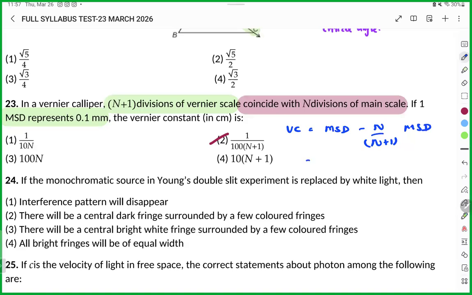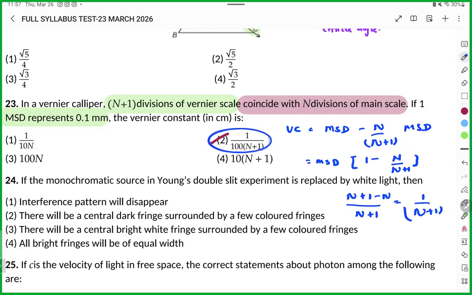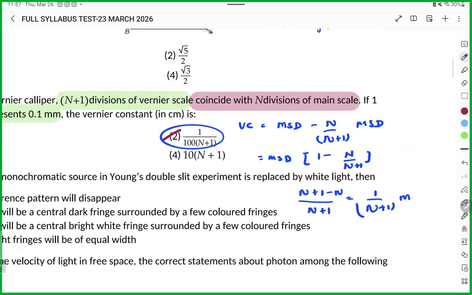So main scale division will be the common number। It is like 1 minus n by n plus 1। N plus 1 will be the common number। N plus 1 minus n, n cancel, 1 by n plus 1, correct? 1 by n plus 1, there is only one option। Second, why you wrote 1 by 100? Because 1 MSD value is equal to 0.01। You can write 0.01 as 1 by 100, correct?